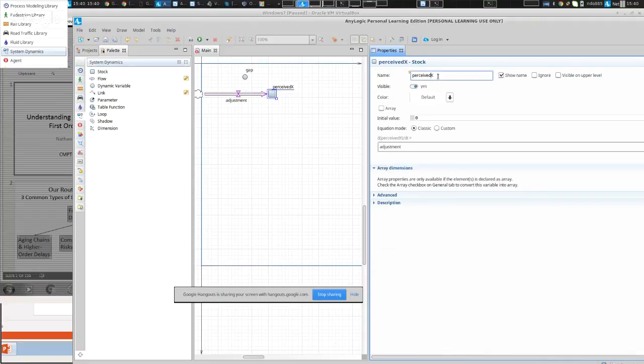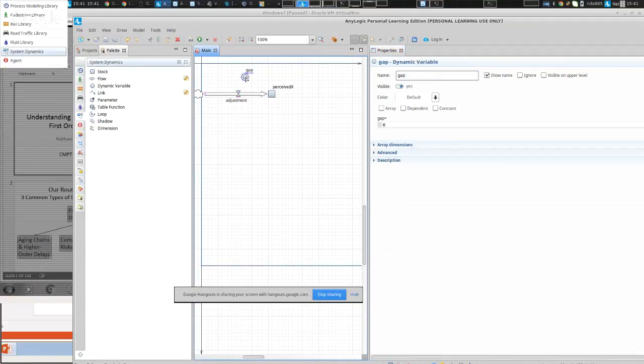I just went to here and I changed it. You'll notice, by the way, that this is saying d perceived X dt equals adjustment. So the rate of change of perceived X is just the value of the flow in. The stocks integrate flows. If adjustment is 0, the stock won't be changing at all. If the adjustment is 10 people per year, the stock could be going up by 10 people per year. Okay, this is perceived X.